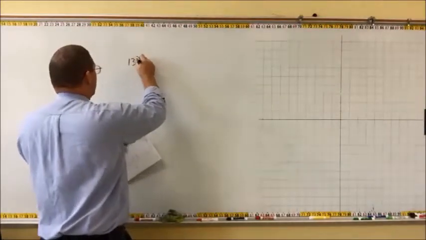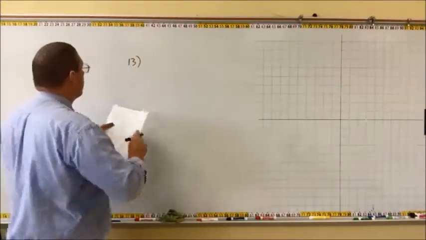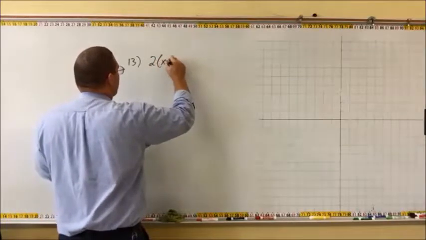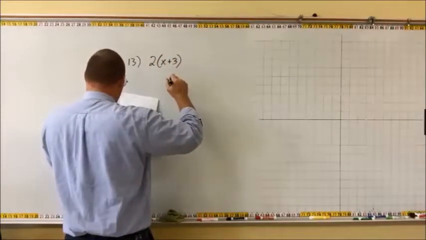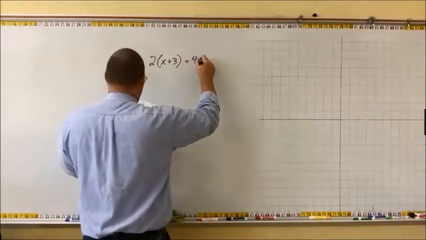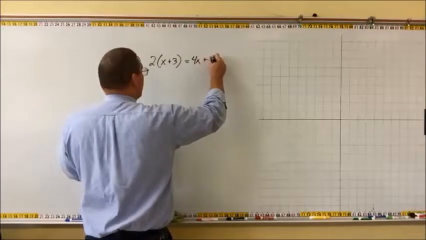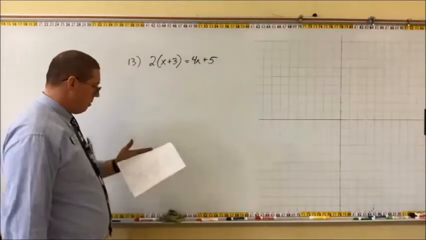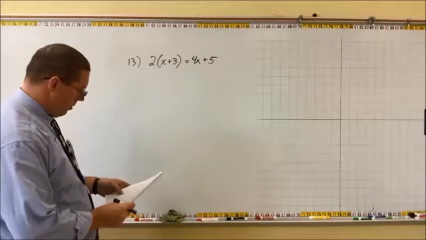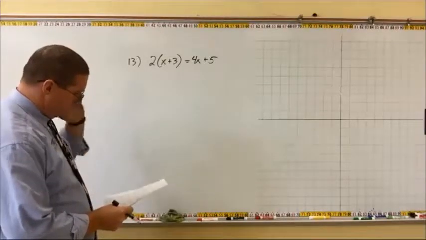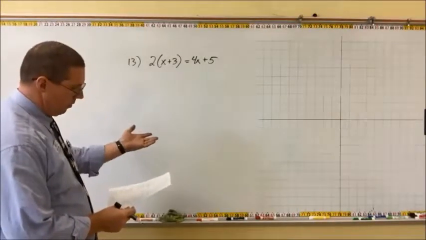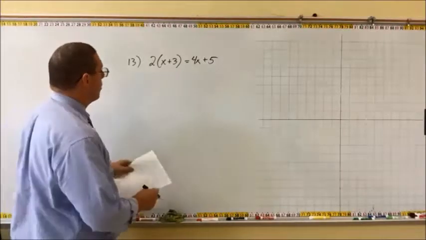Question 13 says 2 times x plus 3 is equal to 4x plus 5. Most people got this right, but there were some people who had a mix-up. They wound up with x equals 1 instead of x equals 1/2.